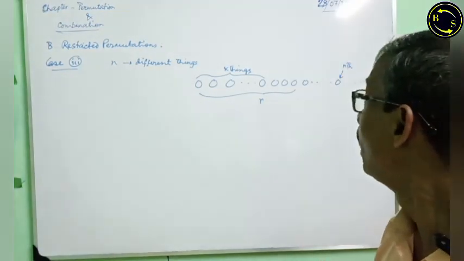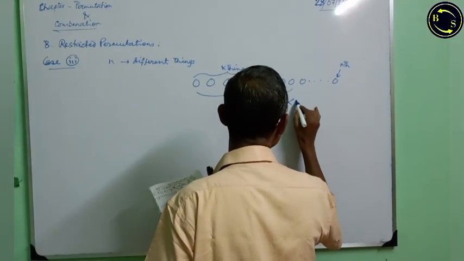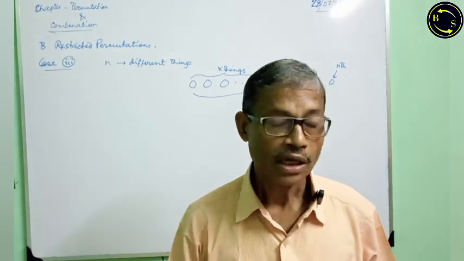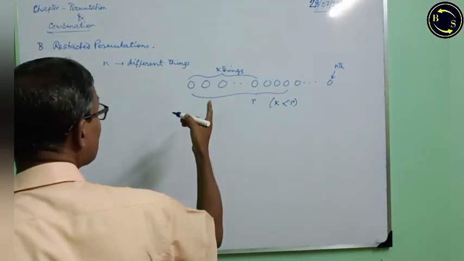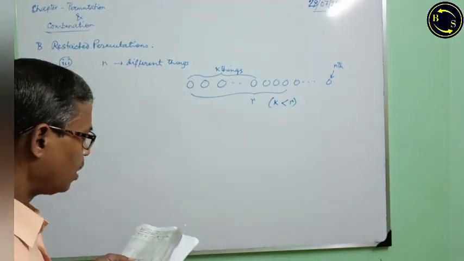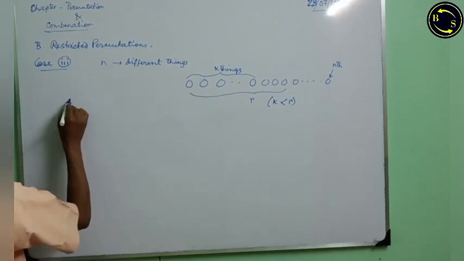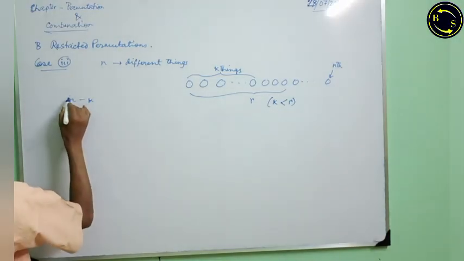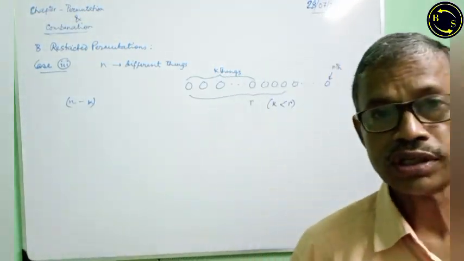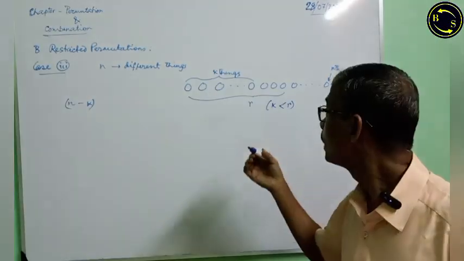Then the number of permutations will be how many? Since K have occupied specific positions, we still have total number of things N, and already K things have been placed in specific K positions.